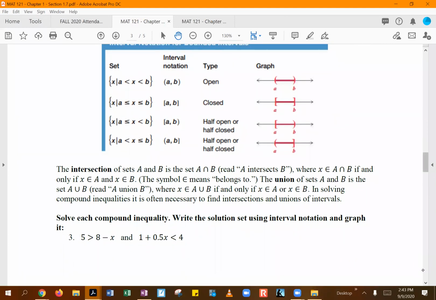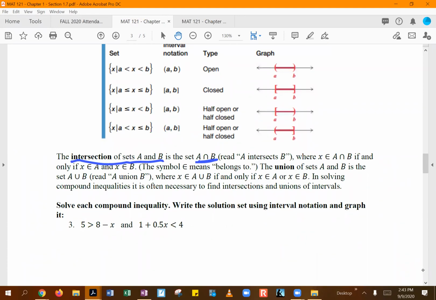So when we are talking about the intersection of sets, that is when we use this symbol, which kind of looks like an upside down U. That's the symbol for intersection. And when we are talking about the union of sets, that's of course more like the U symbol over here.